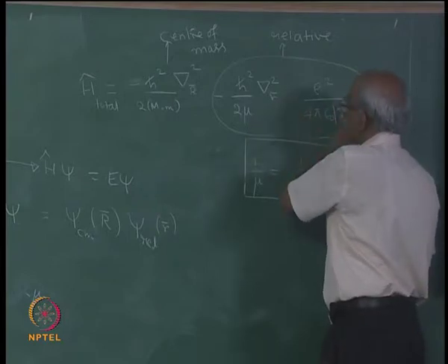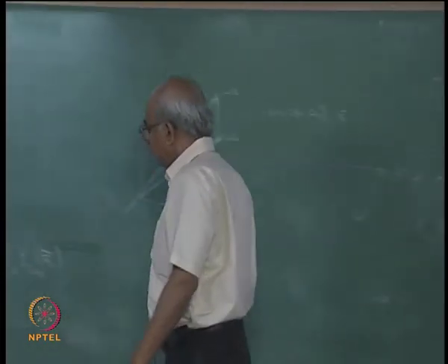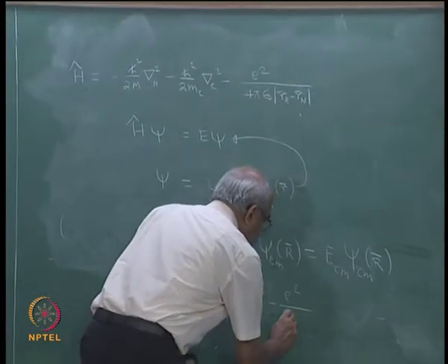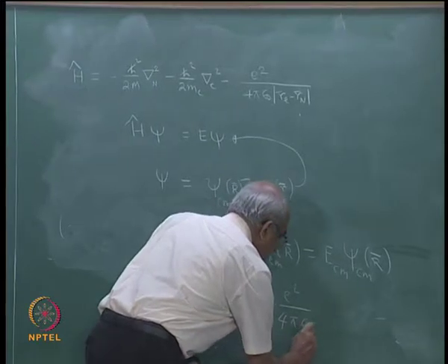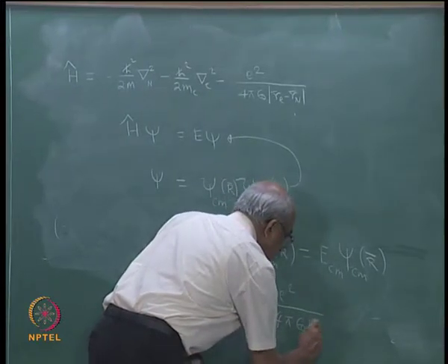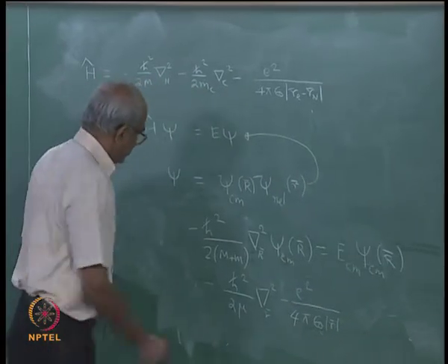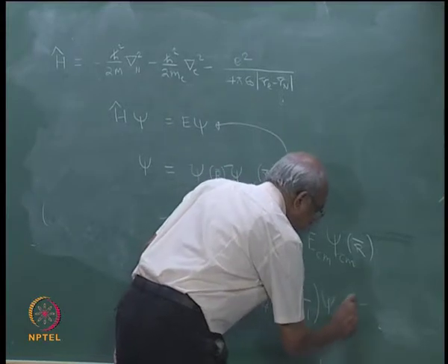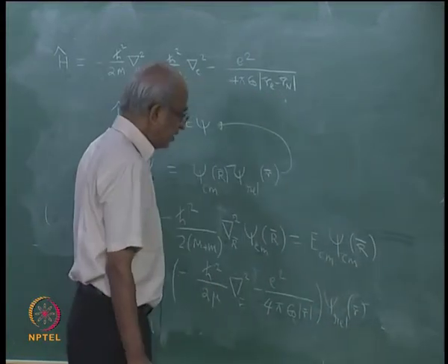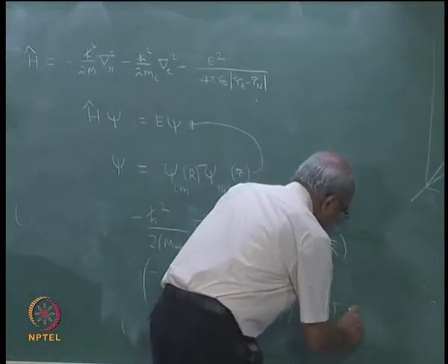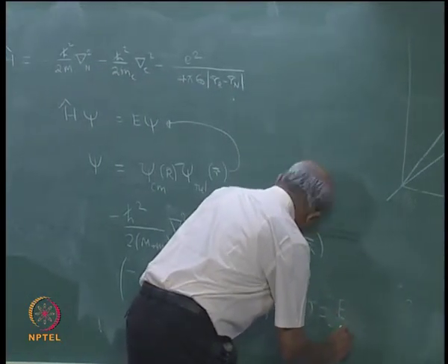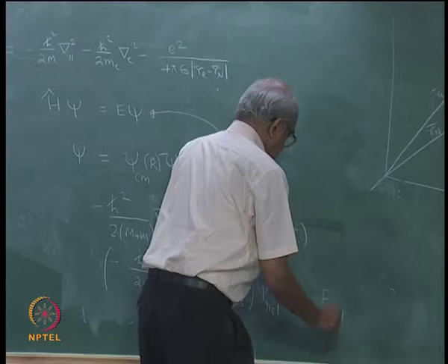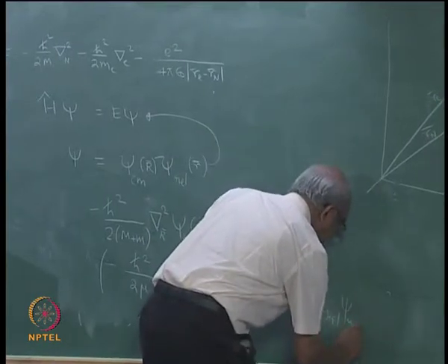This is kinetic energy, that is potential energy. So, therefore, you will have minus e square divided by r, that is the potential energy, and the whole thing operating upon psi relative, which will depend upon r, and that must be equal to E relative times psi relative of r.